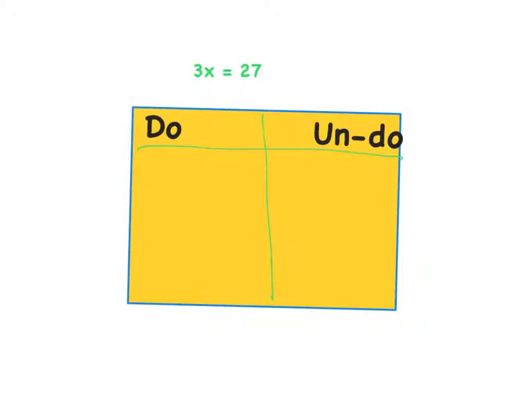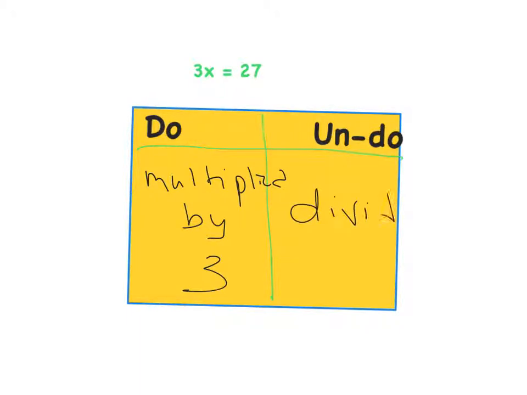Well, the variable is being multiplied by 3. And how would we undo that? Well, we would divide by 3. So we're using this concept of inverse operations. The opposite of multiplication is division.